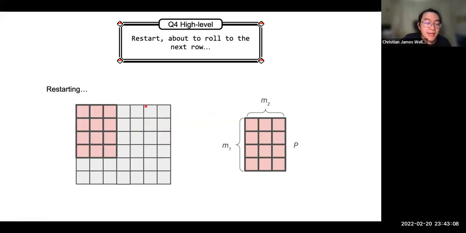Then conceptually you have to restart from this region so that you can roll again. It's very similar to the naive approach, just that we imagine it in terms of rolling the hash. So you roll the hash down vertically by removing R1 and adding R5, and then again you do the horizontal rolls.